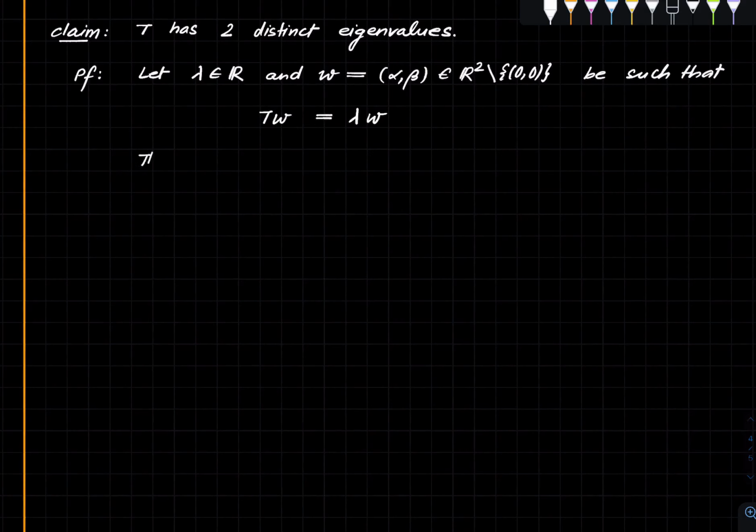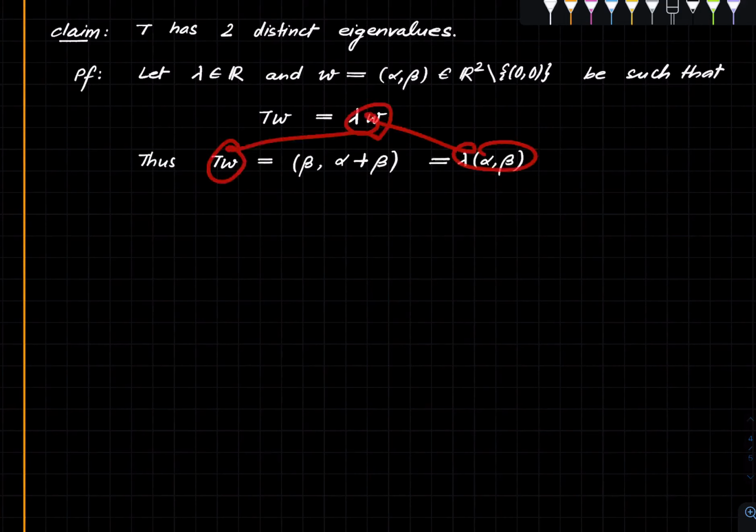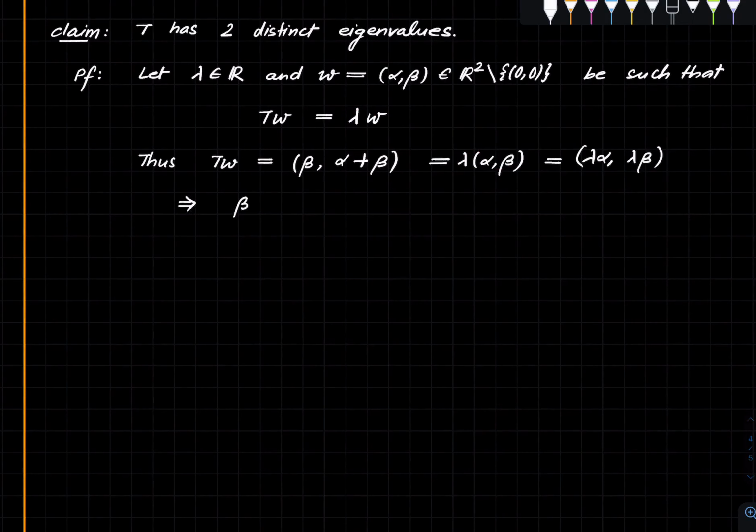So thus, TW equals (beta, alpha plus beta) by definition of T, which is equal to (lambda alpha, lambda beta), because TW is lambda W. All right. So we get beta equals lambda alpha and alpha plus beta equals lambda beta.